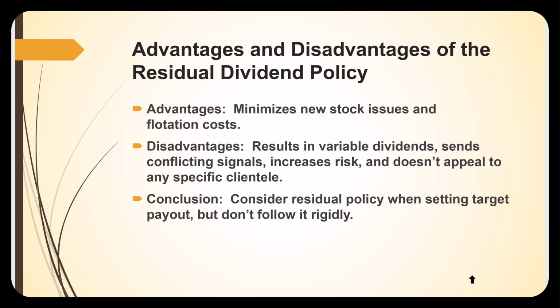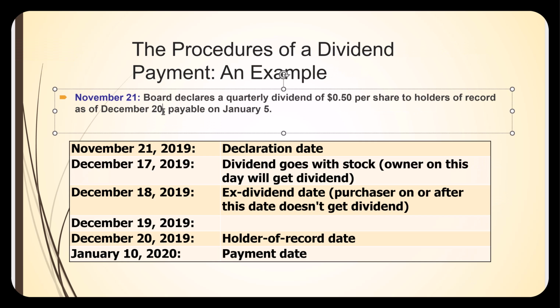The disadvantages, as I've mentioned, results in variable dividends, might be some conflicting signals, risk could be affected, and again, investors in general are not going to be happy with this uncertainty. So again, this might be a place to start, as it says here, but we don't want to follow it.